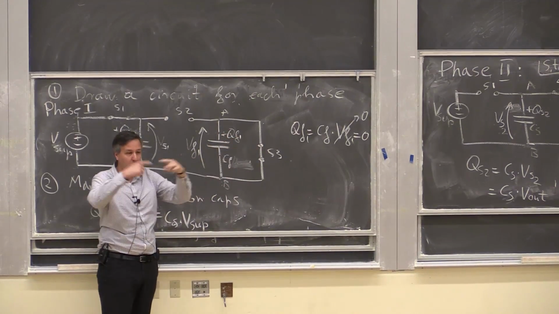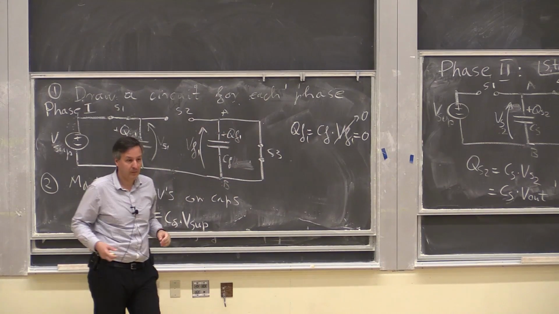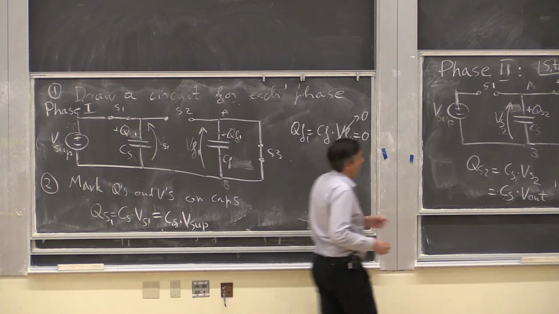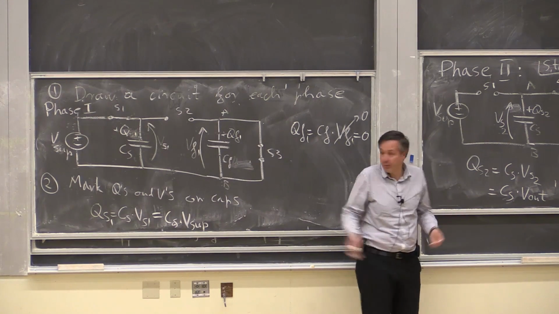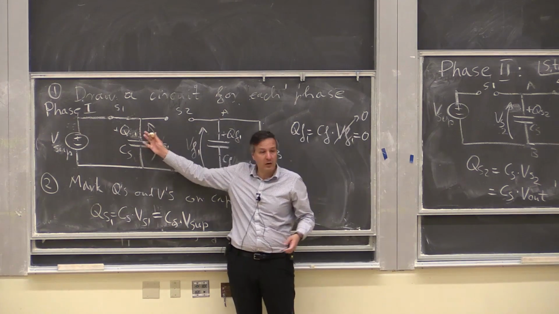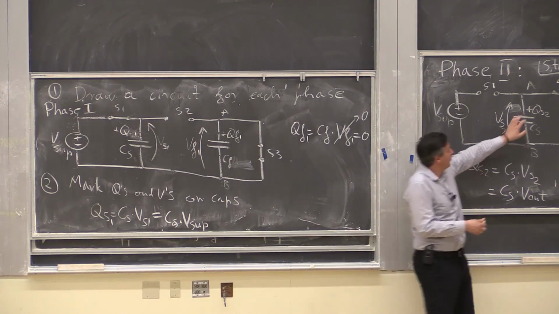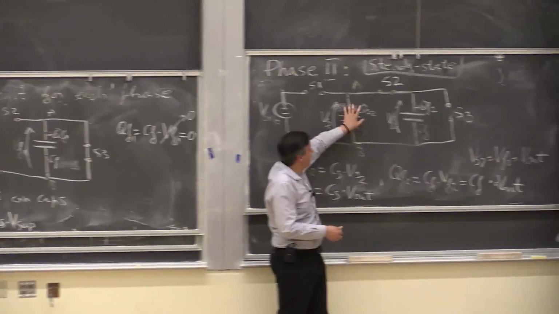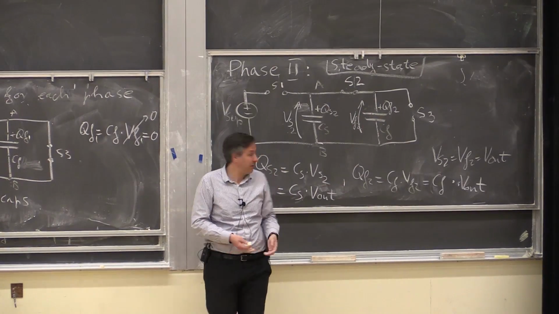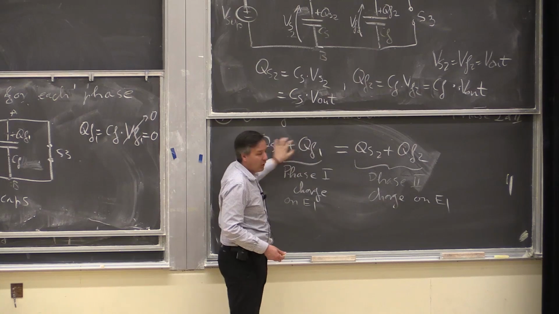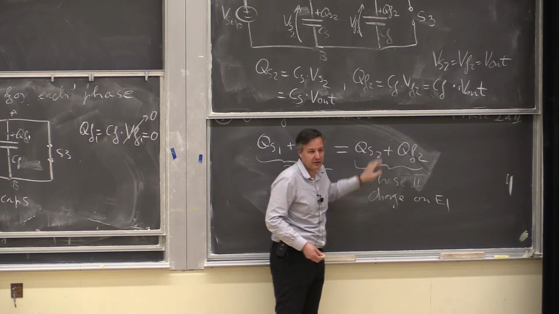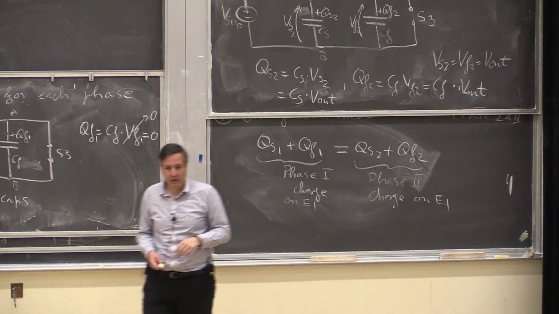In that phase, we shorted them together, so that's now one node. So the charge couldn't go anywhere. Whatever charge was previously on this one and this one, when we shorted them together, it had to stay on either this one or this one. So that's why the sum of the charges in one phase is the same as the sum of the charges in the other phase.